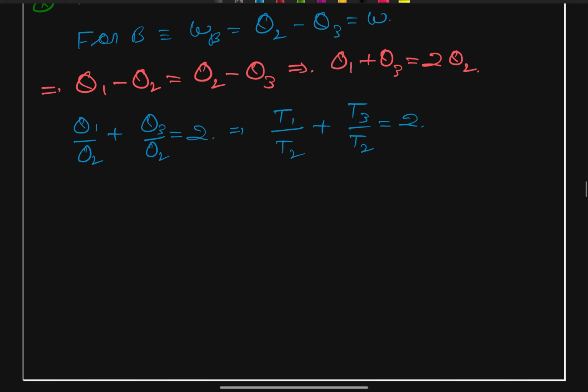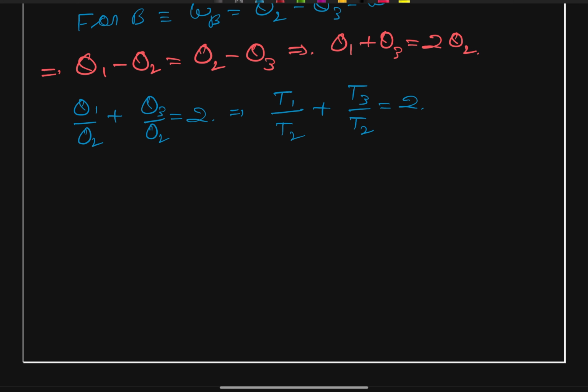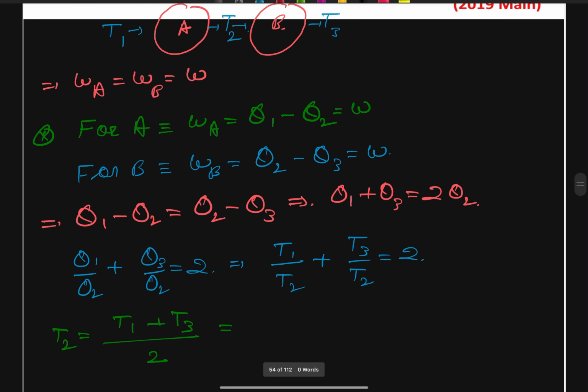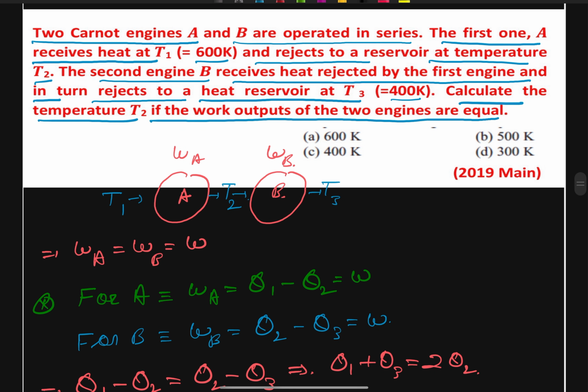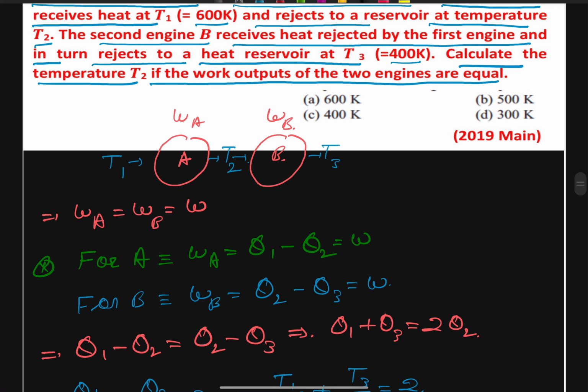From here we can write T2 is equal to T1 plus T3 divided by 2. T1 is given as 600 Kelvin and T3 as 400 Kelvin, divided by 2, giving us that T2 is equal to 500 Kelvin. So option B is correct.